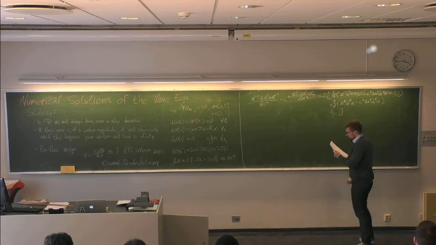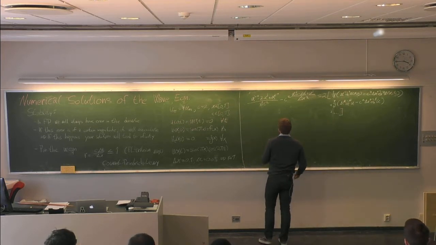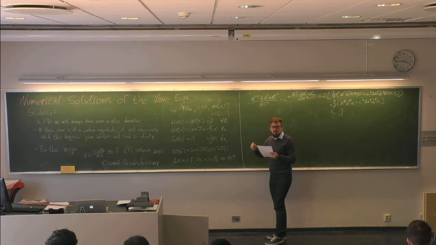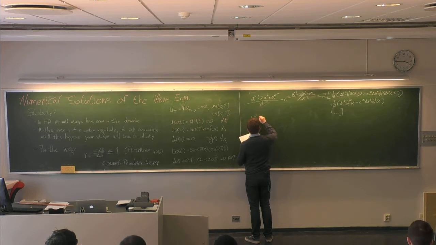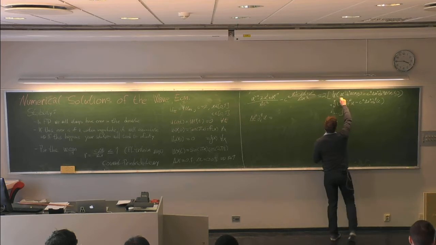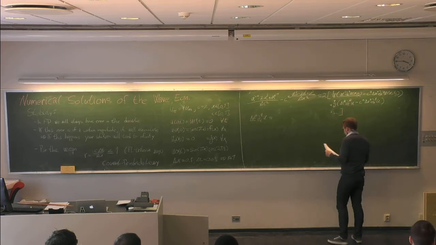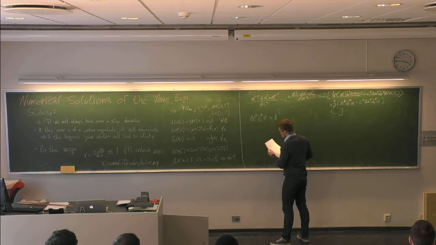Looking at the wave equation, like we did earlier, if we look at delta t squared dt^4 of u, so now we're looking at this term, we see that we can actually evaluate some of it.